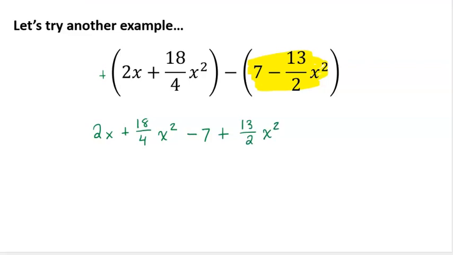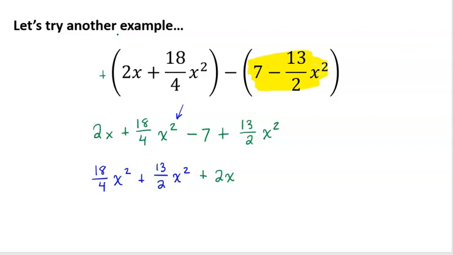And so from there, I'm just going to do that same process that I've been doing. So I see that my highest degree is a 2, so I'm going to write those first. That way my answer is already in standard form. So I have 18 over 4 x squared plus 13 over 2 x squared, and then plus 2x.